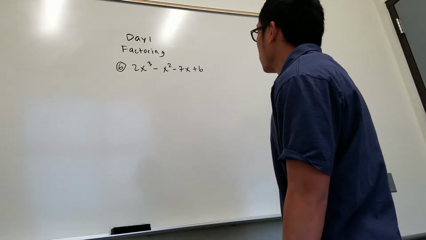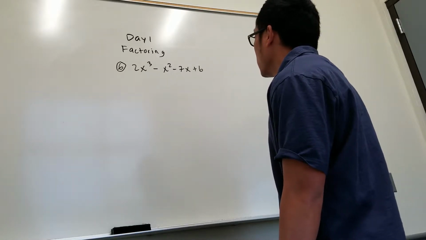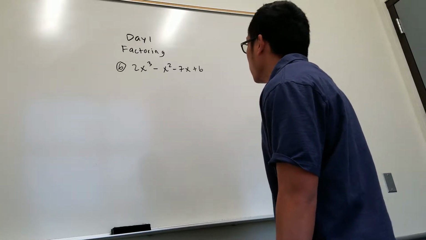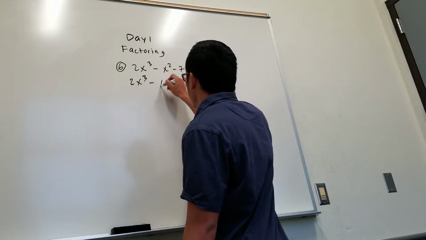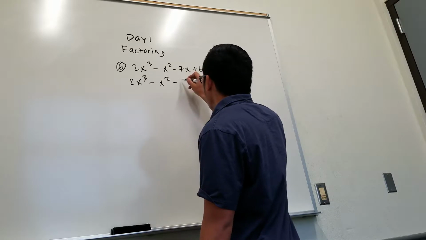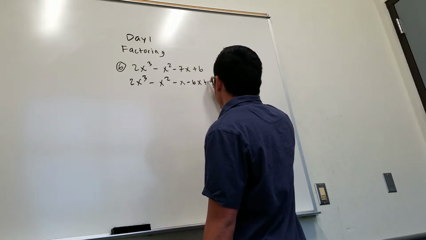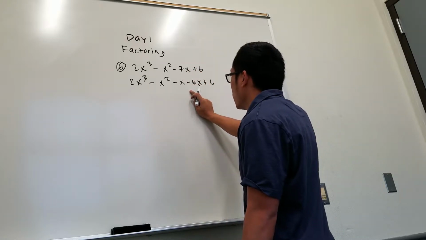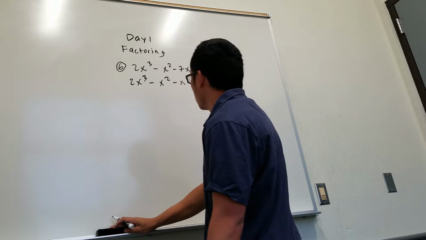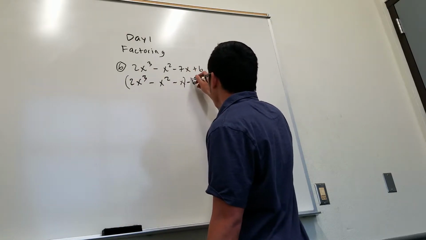But you can't really do that directly. There are many ways to factor by grouping, so we're going to apply that right now. What I'm actually going to do is separate these into negative x minus 6x plus 6. Just separate this to this, okay? Why did I do that? I see here I can factor by grouping, so that's what I'm going to do here and here.